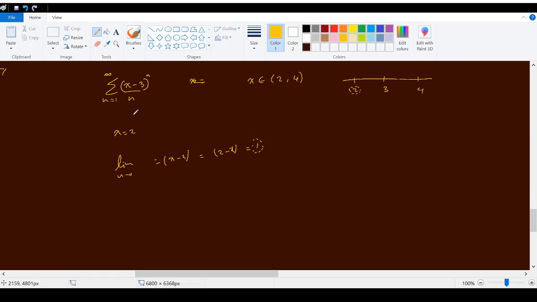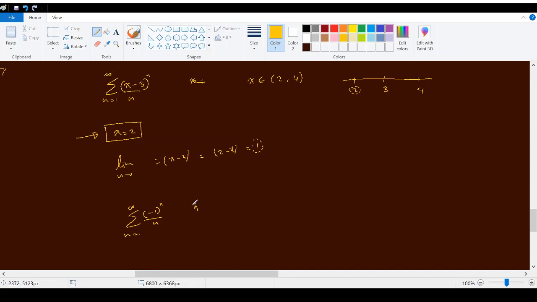That means for this particular x value, in other words, for this particular series, we cannot use the ratio test. But the good thing is, instead of using the ratio test for this specific x value, we can use the alternating series test, right?